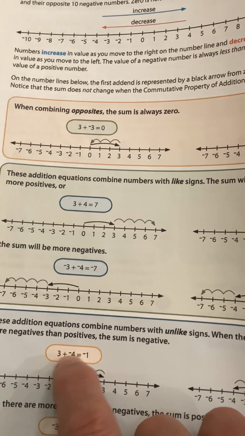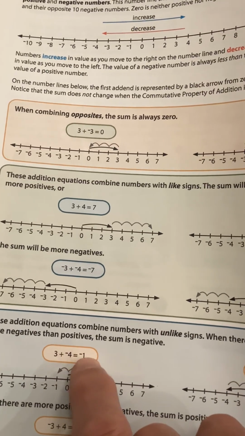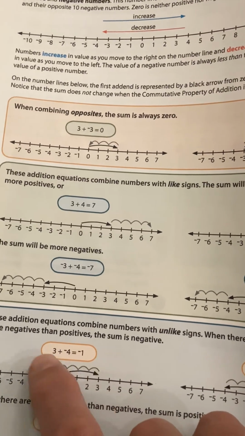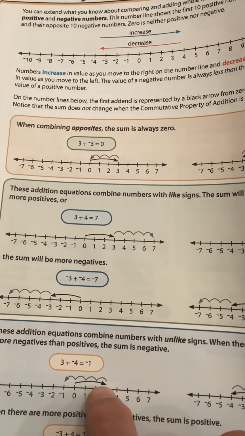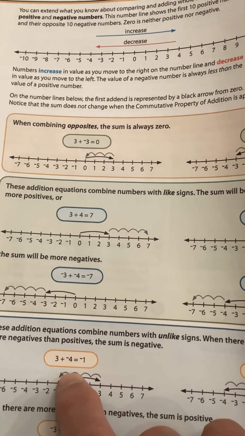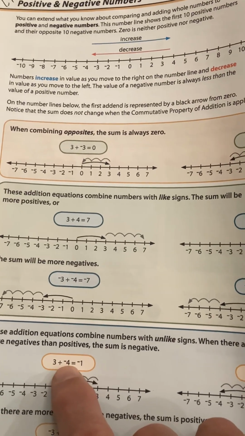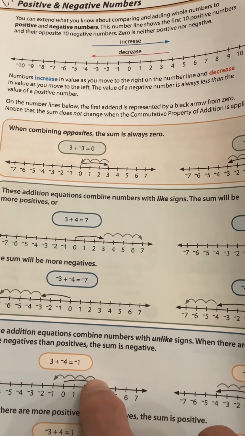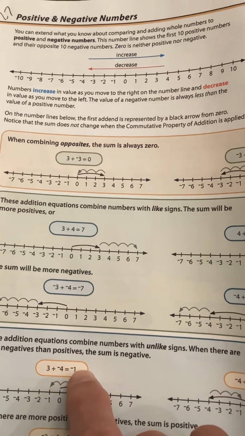And when you have good guys and bad guys, that's a fight, and there's more bad guys, so there'll be one bad guy left over. That's how I talk my way through this. But here you went right 3, and then you went left 4. 4 is bigger than 3, so you end up in the negative side of 0 by 1.